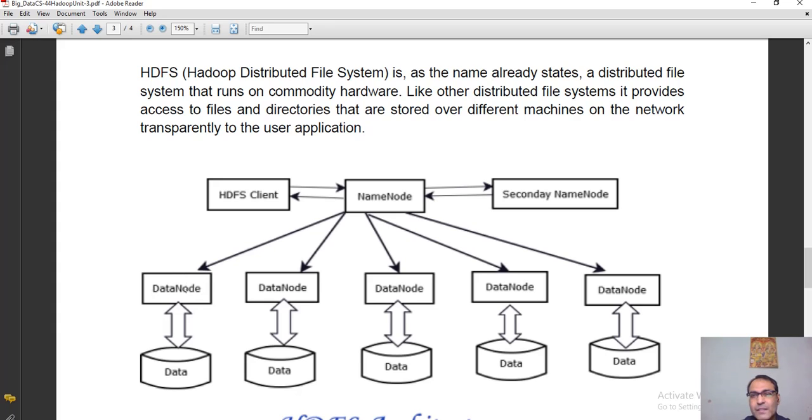This data node consists of various types of clusters. It may consist of 1, 2, 3, 4, 5 or more clusters. Similarly, there are many data nodes which may also consist of 1, 2 or more clusters.